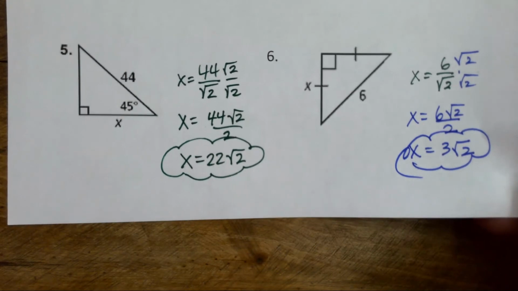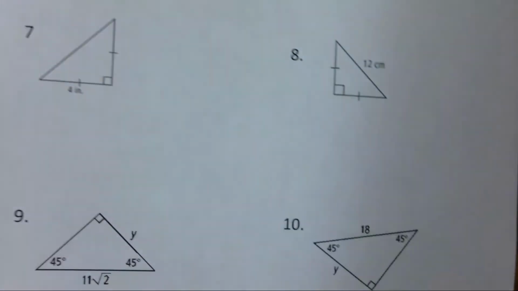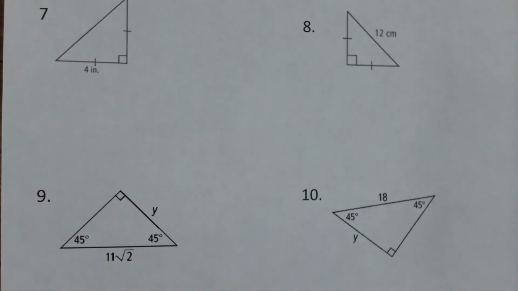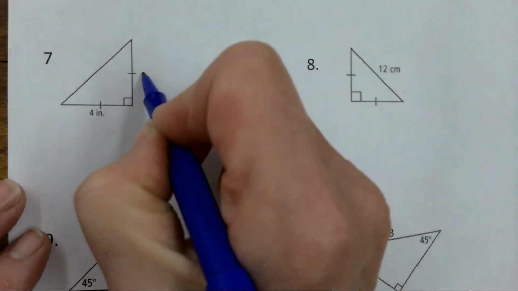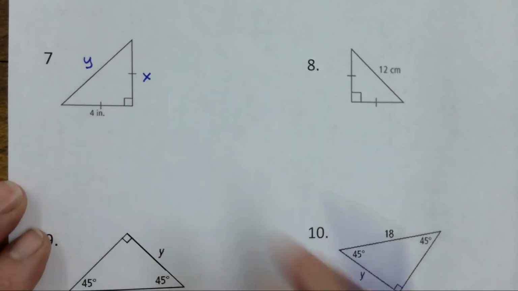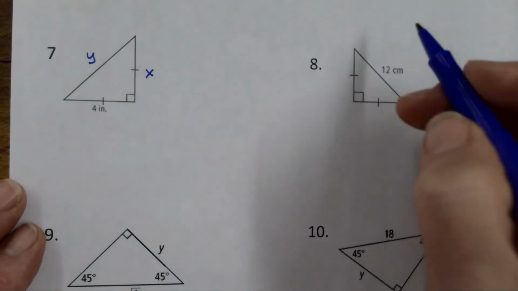Okay, so for the next set of problems, let's go 7 through 11. In 7, I want you to find x and y. They weren't printed on there, sorry. 8, same thing.